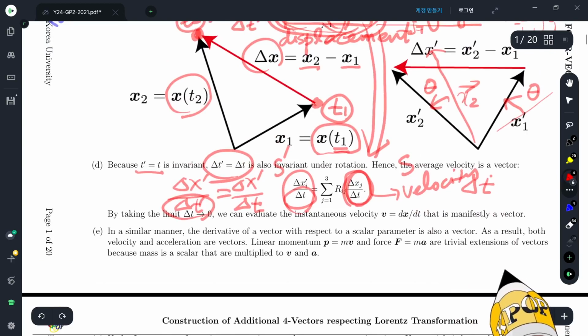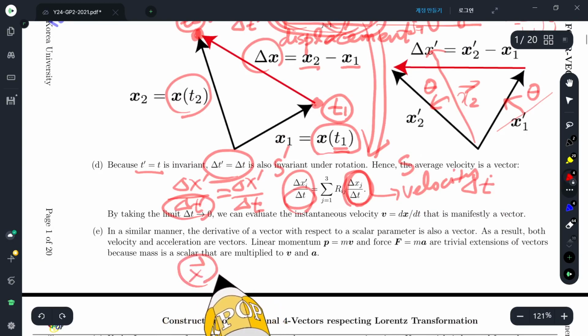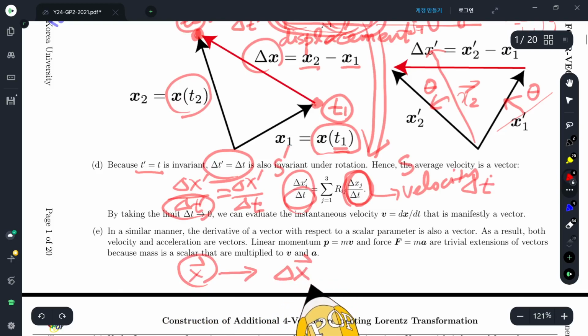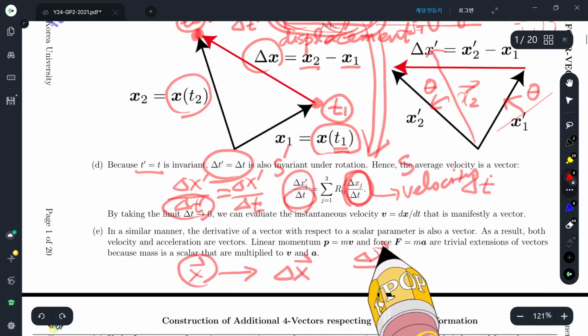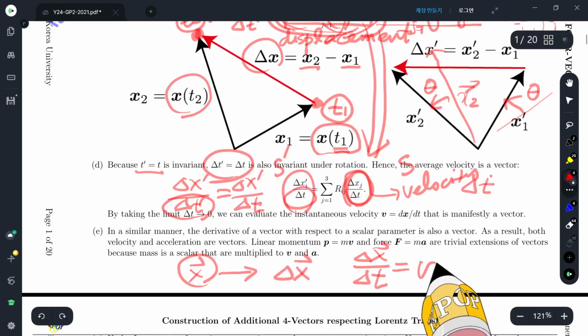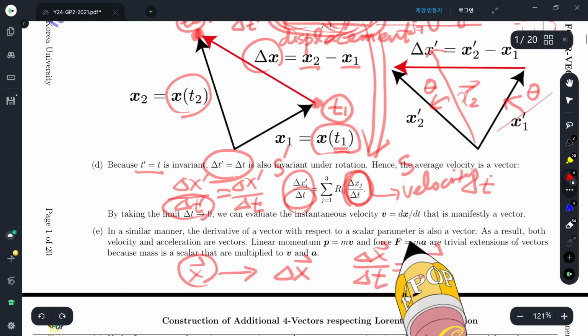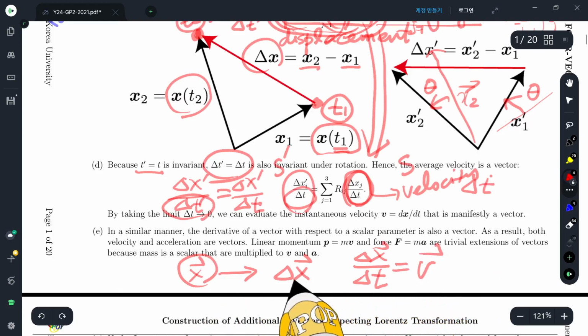As a result, x is a position vector, displacement is a position vector, and if we divide this displacement, as a free vector, by the Galilean invariant quantity that is time, then what we get is velocity, and velocity is also a vector. That means the rotational property of the velocity is the same as that of the displacement, and the rule for the displacement is the same as that of the position vector.